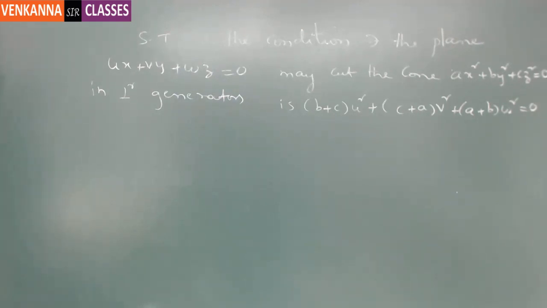So we have to show that if the plane ux plus vy plus wz equal to 0 cuts the cone ax square plus by square plus cz square equal to 0 in two perpendicular generators, then you will get such a condition: (b plus c) u square plus (c plus a) v square plus (a plus b) w square equal to 0.